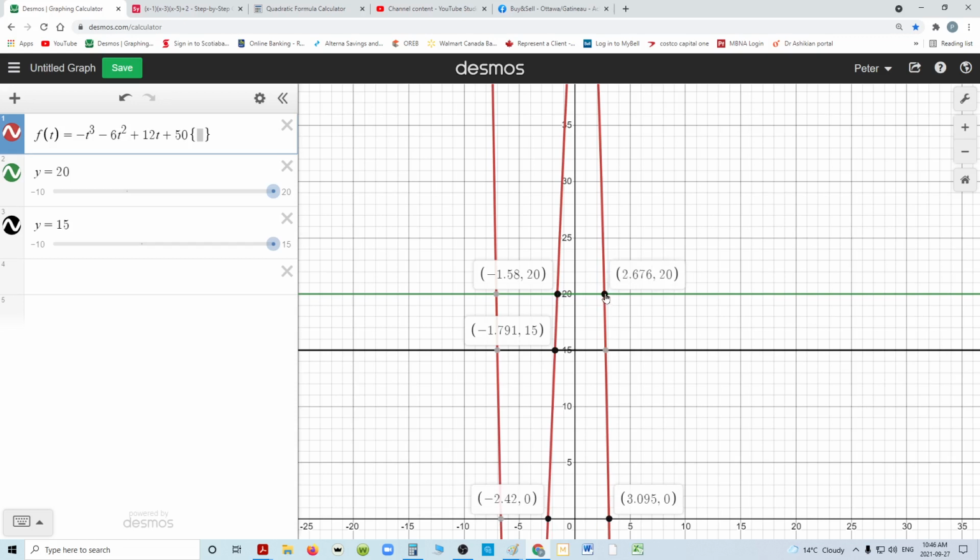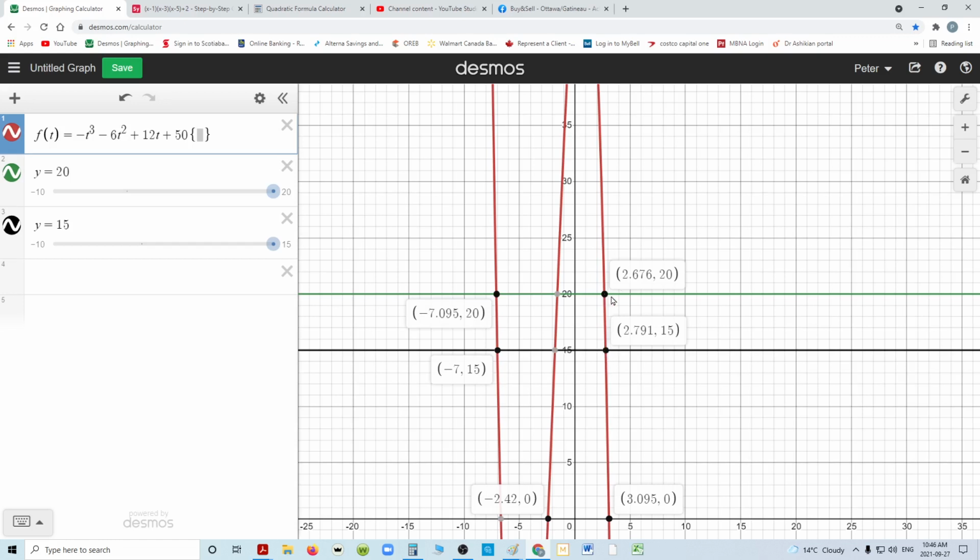And then over here, the viscosity is between 15 and 20, between 2.676 times 50 and 2.759791 times 50. Those are the 2 times this graph falls between, and actually 3 times, yeah, over here as well. Now, obviously in real life, you wouldn't care about negative temperatures, because there's no such thing.